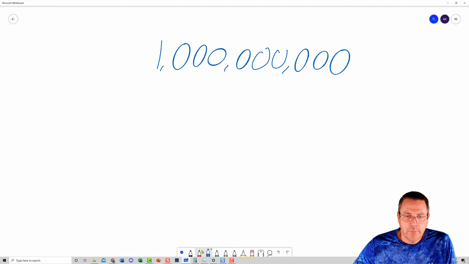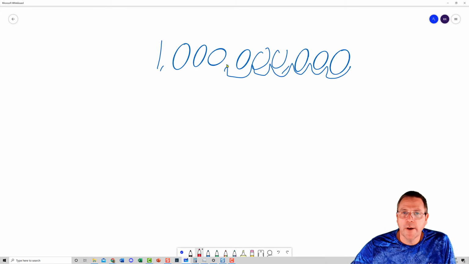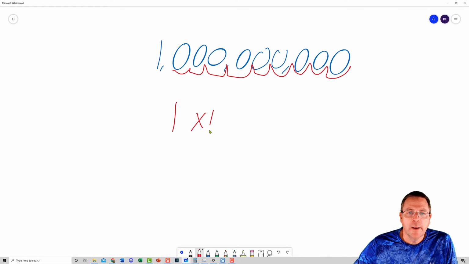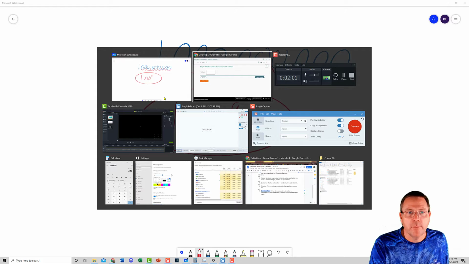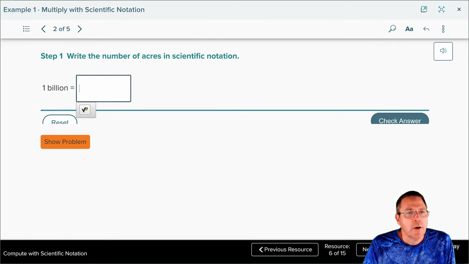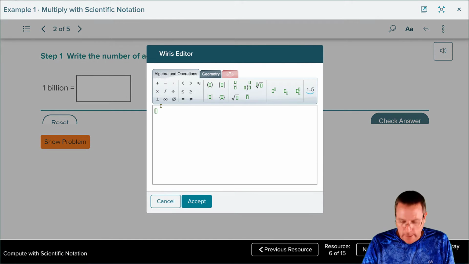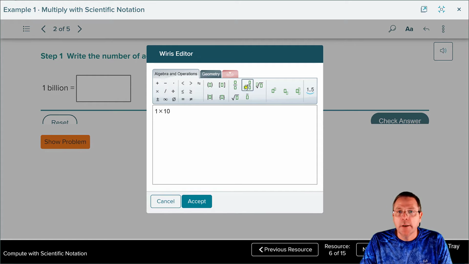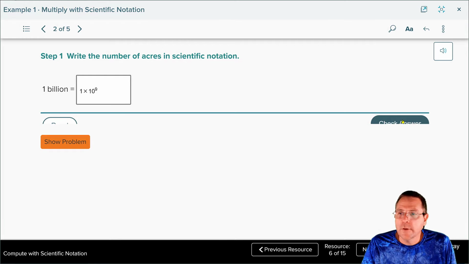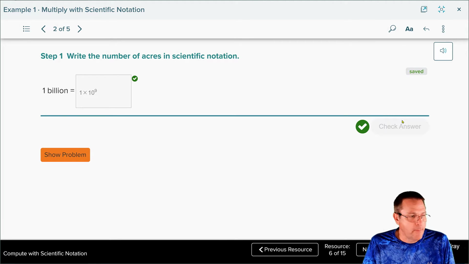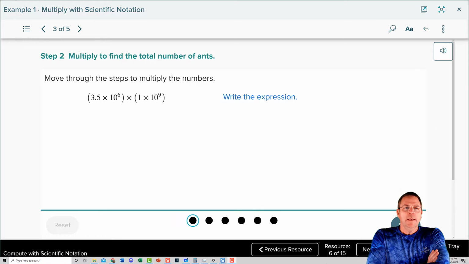From there, convert that to scientific notation. 1, 2, 3, 4, 5, 6, 7, 8, 9. So it's going to be 1 times 10 to the 9th power in scientific notation. We'll come back over here, type that in. 1 times 10 to the 9th power, accept and check, and that part of our problem checked.